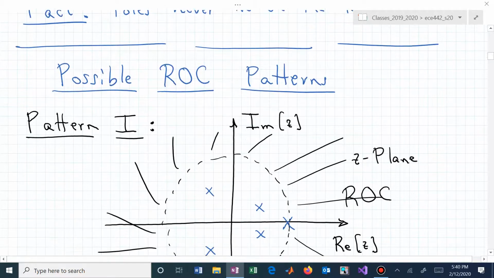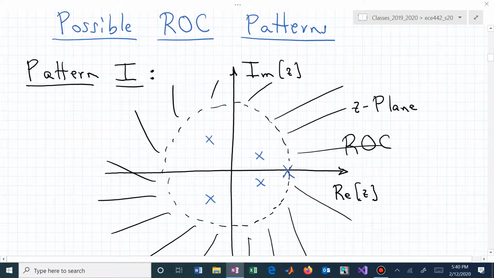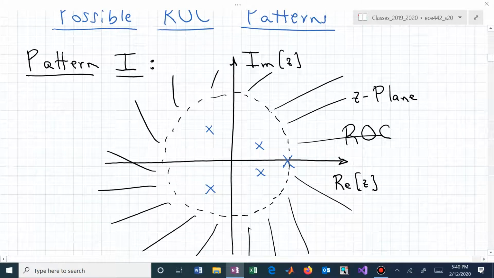Let's now talk about these patterns. Here's pattern number 1. And the important thing to pay attention to is, okay, this is the z-plane. This is the complex z-plane. You have poles indicated by the blue x's. And now the region of convergence, I hope you can see, is created by a circle that bounds the pole that's the furthest away from the origin, and the region of convergence is beyond that pole that's the furthest away from the origin in the z-plane.